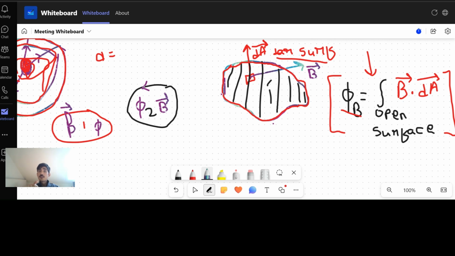Because there is an electric field. There is an E field everywhere in this loop, isn't it? That is why current is flowing. Yes or no? Please see it very carefully. Because there is an electric field, there is current flowing.